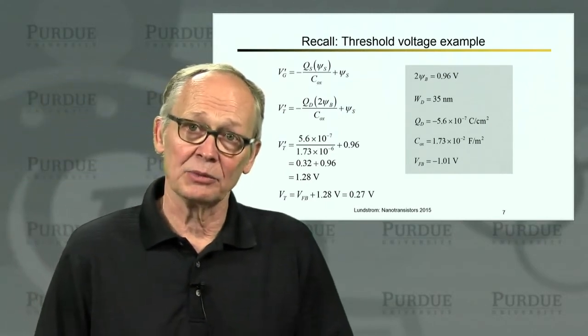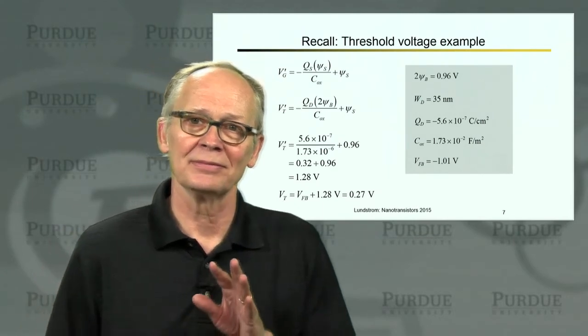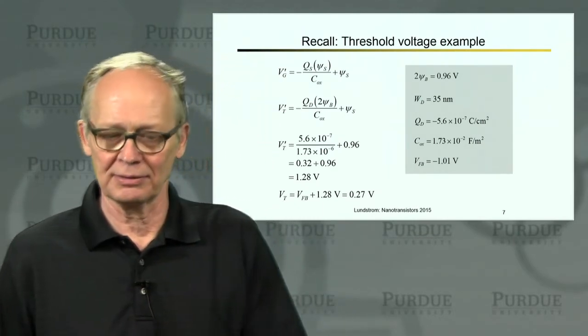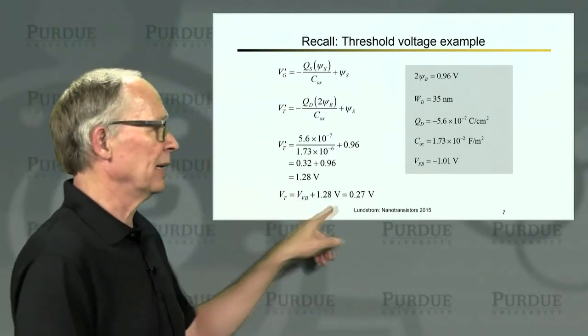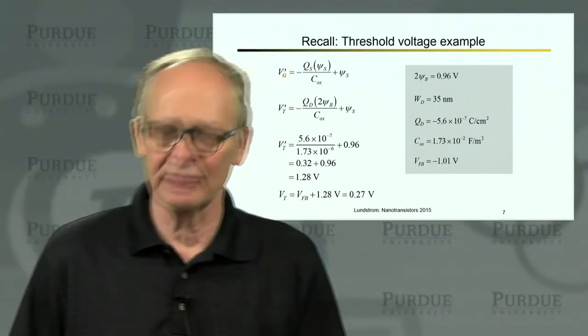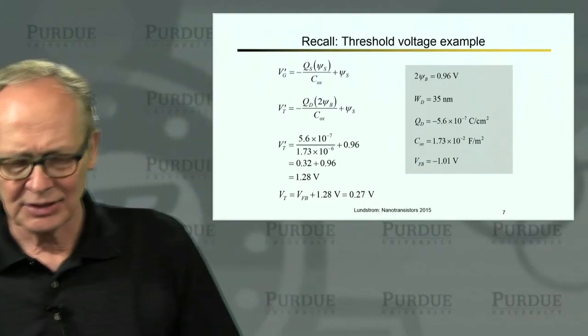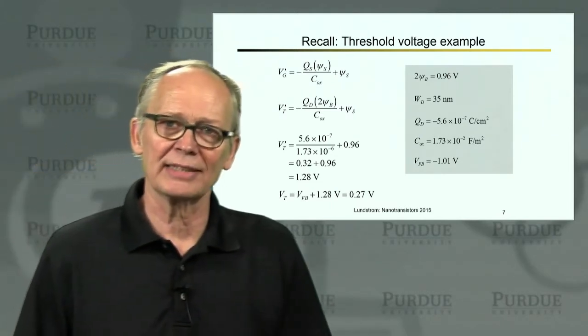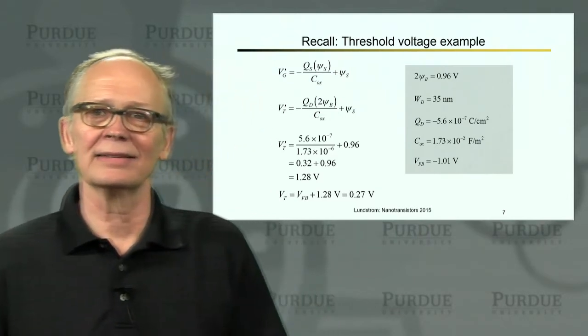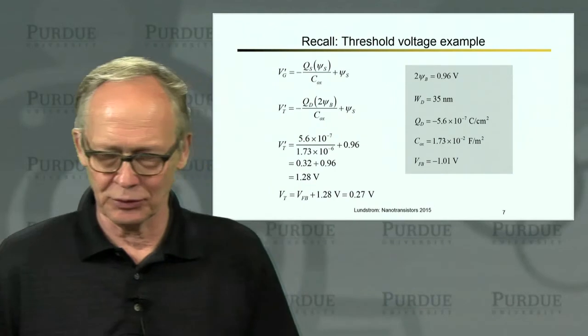Well, the reason it isn't reasonable is we had not accounted for the minus 1 volt flat band voltage. If we account for that flat band voltage, we find that the real threshold voltage of this MOS capacitor is about 0.27 volts. That's a very reasonable number. So this flat band voltage correction is not something that we can neglect. It's there. It's big enough to be important. We always have to account for it.